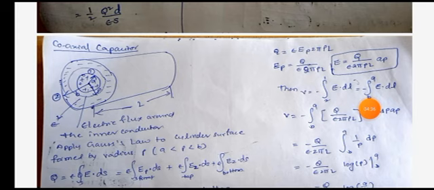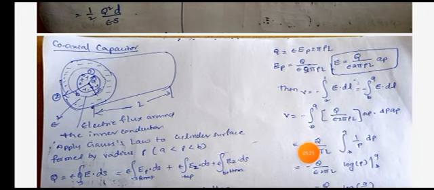So the lower limit is B, that is the voltage at the second conductor, the radius B of the outer conductor, and V1 is the voltage at the first conductor, the inner conductor, whose radius is A. So we have to take the limits B to A of E dot dl. If you substitute the electric field intensity derived here, Q by epsilon 2 pi rho L, that is in the direction of rho, and dl is also in the direction of rho, so d rho into a rho.